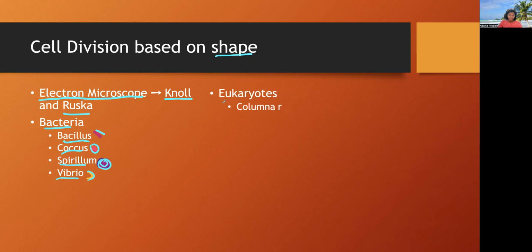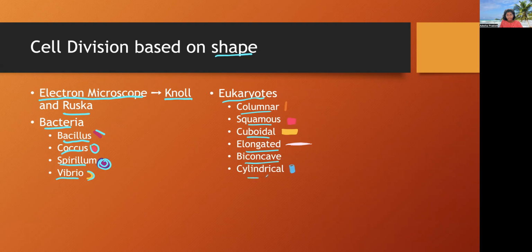Next is eukaryotes. Eukaryotes have columnar, squamous, cuboidal, elongated, biconcave, cylindrical, thread-like, and branched and filamentous. So let's see some examples for each of them.